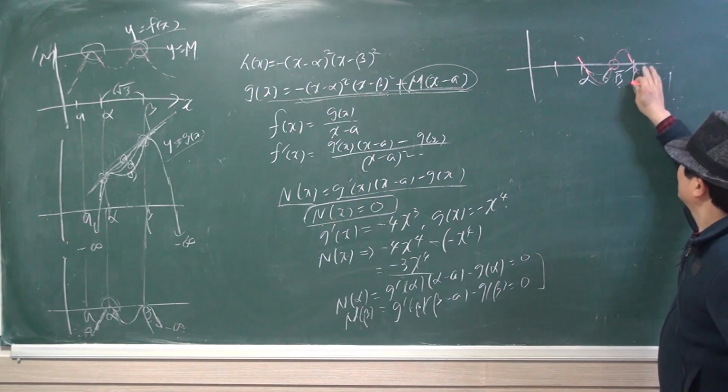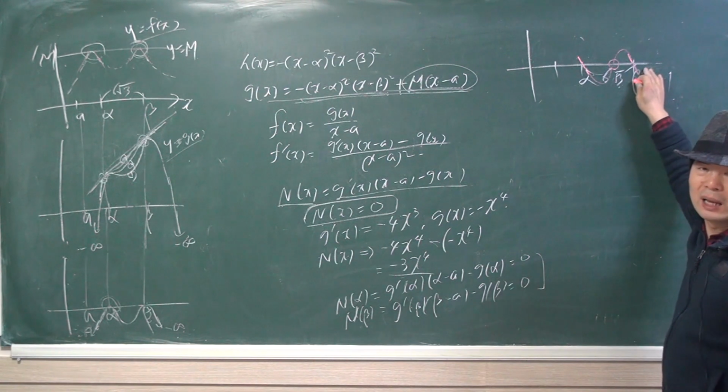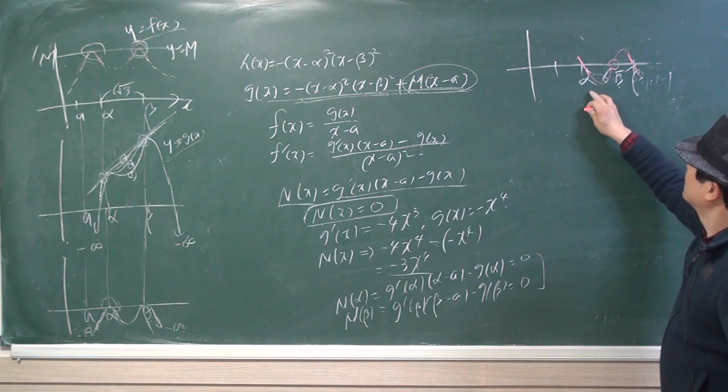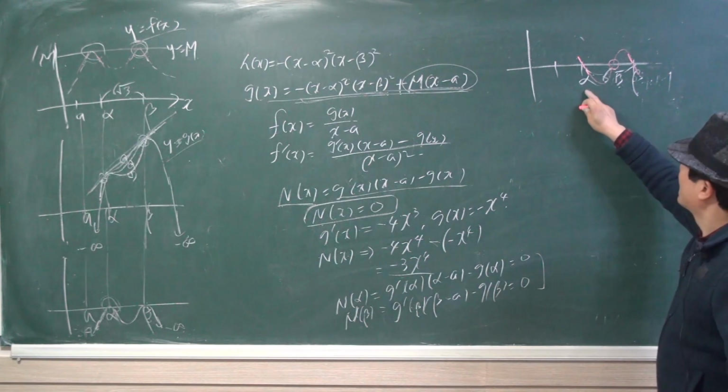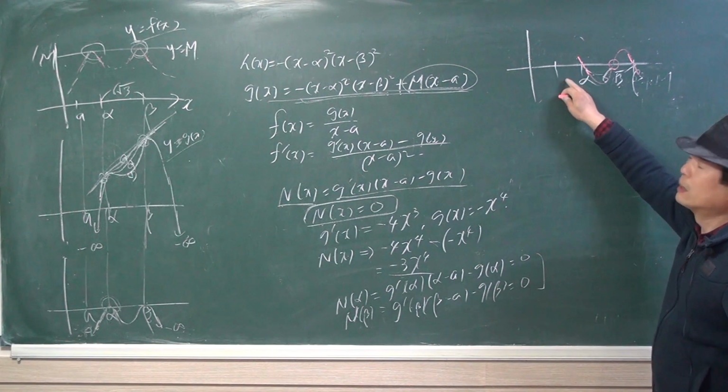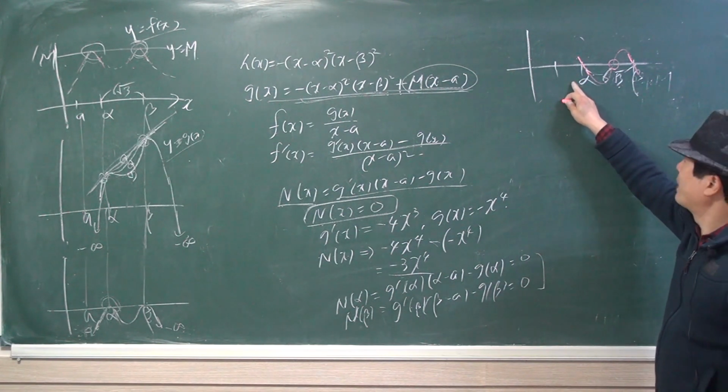So it cannot be bigger than beta. It cannot be between alpha and beta. There is only one possibility. It must be less than alpha.